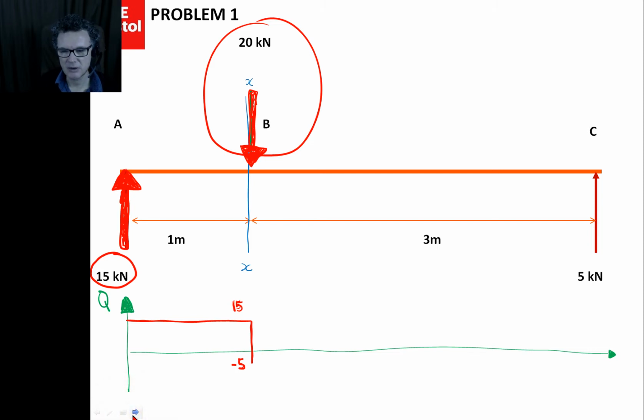It'll be -5. Okay, and then I can imagine that I'm going to move my x line a bit further right. Let's say we move it pretty much to the center of the beam and then look left. What would happen there? Well, all I can see is these two forces, one going up, one going down. Overall I've got a -5.